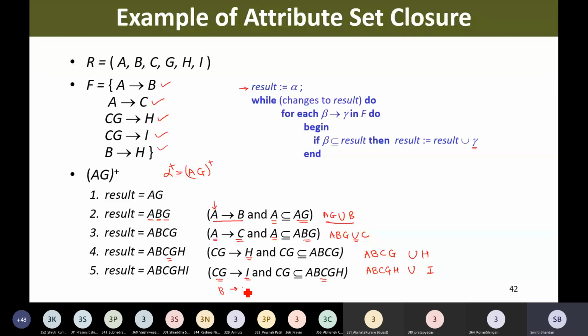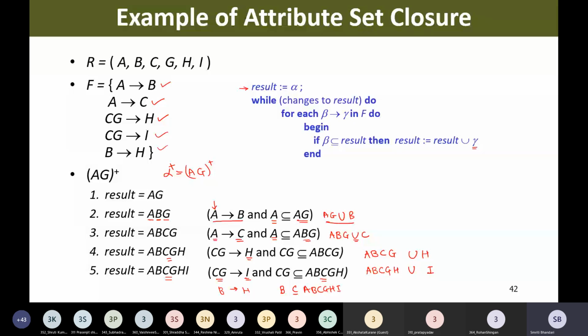Now we check the next functional dependency, B to H. What I need to check is whether B is a subset of A, B, C, G, H, I. Obviously yes, so we take the union. But if I take the union, I am not going to change my result.